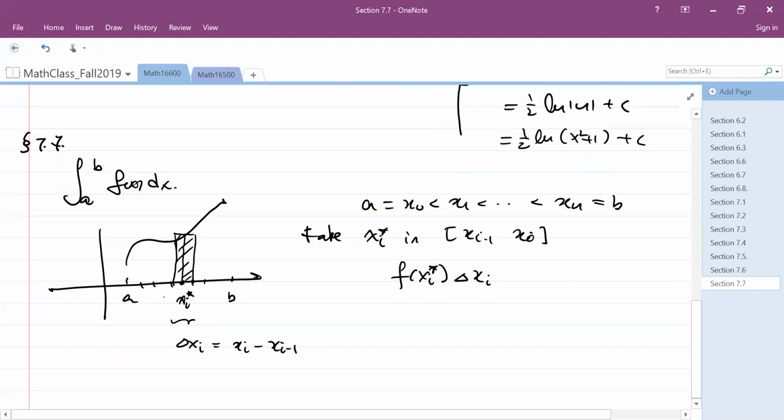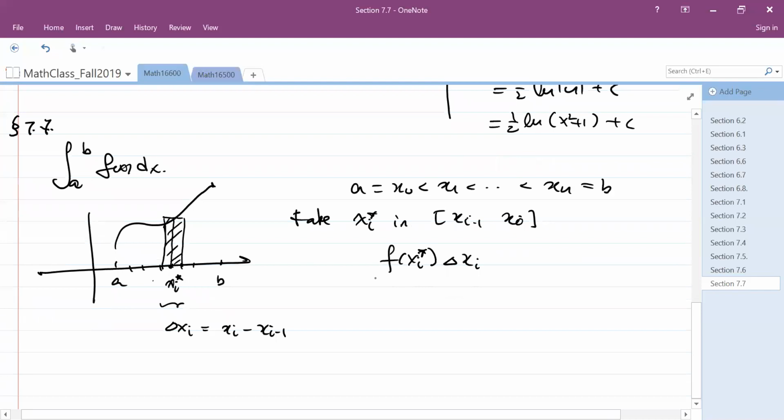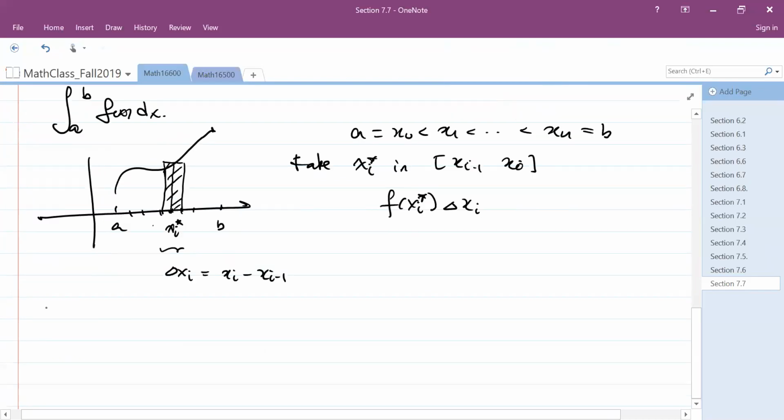Then you add them together, and you get the so-called Riemann sum: the sum from i equals 1 to n of f of xi star delta xi. That's called a Riemann sum.